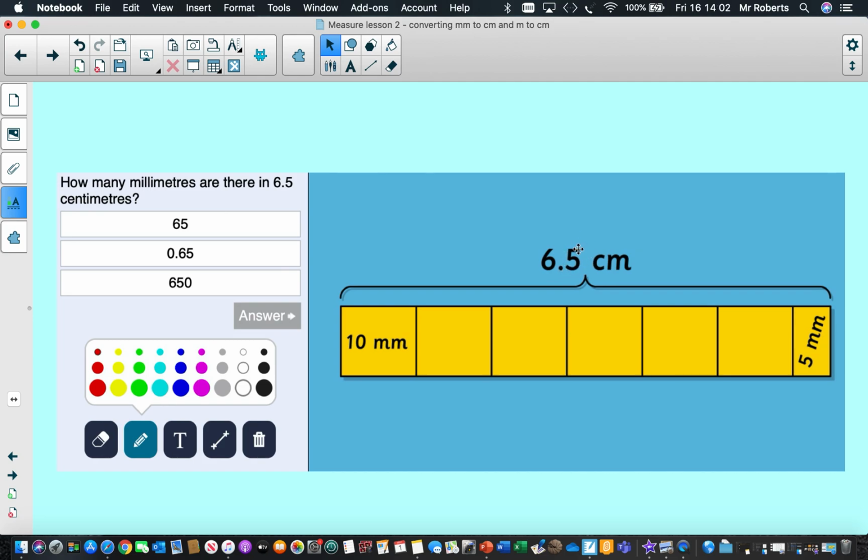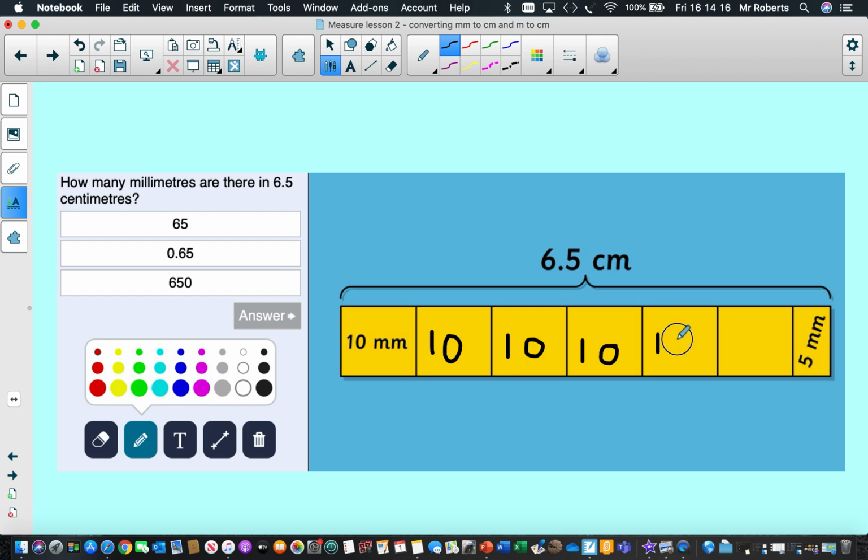We've already got 10 millimetres here, which represents 1 centimetre, and we've got 5 millimetres here, which represents our 5/10. So all that we would need to do, if I select the pen tool, is write 10. Obviously, I would normally write millimetres, but it would take me ages. If you were doing this, I would want you to write millimetres, of course, as a bit of practice.